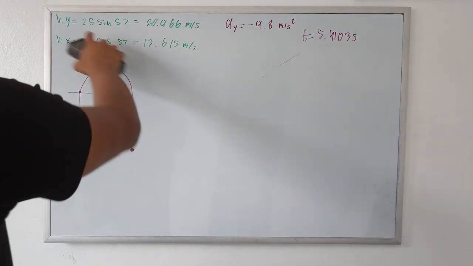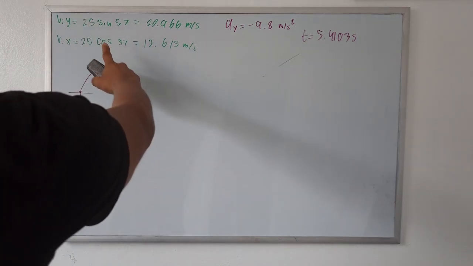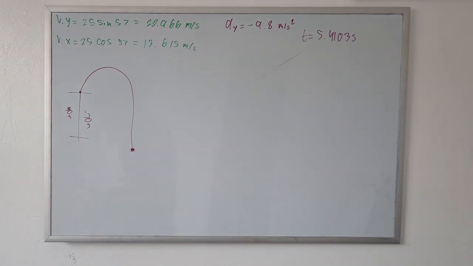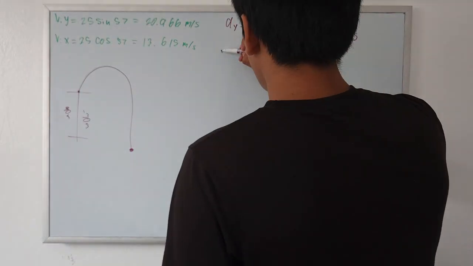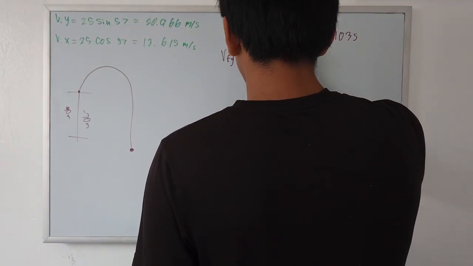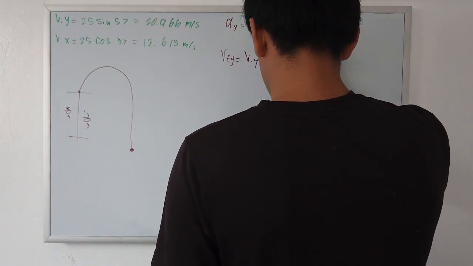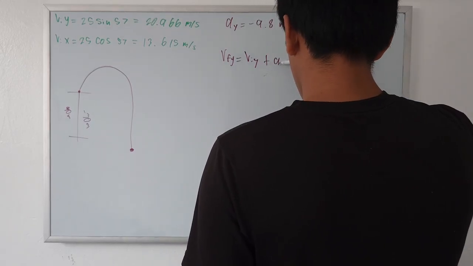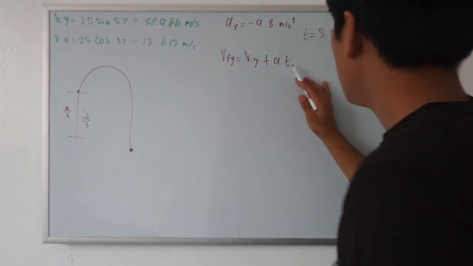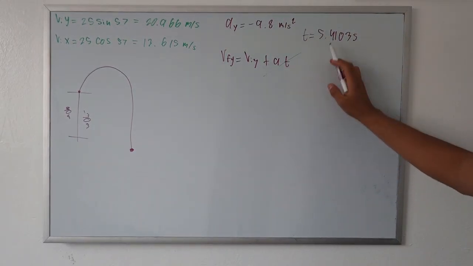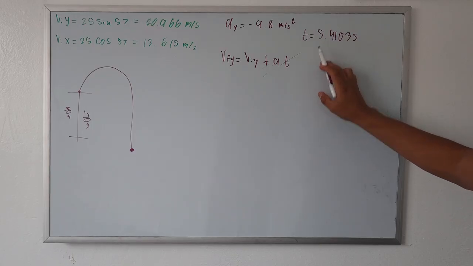We're just going to look for V final y using this formula: V final y equals V initial y plus a t. For the time, we're just going to do this time minus 2 seconds.